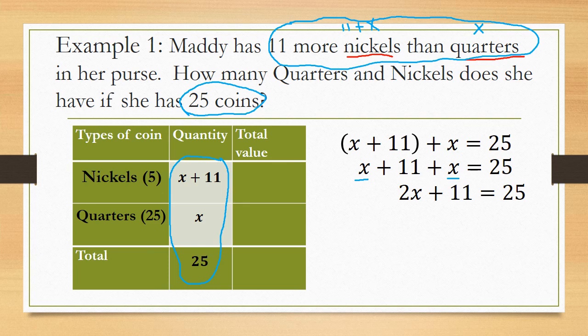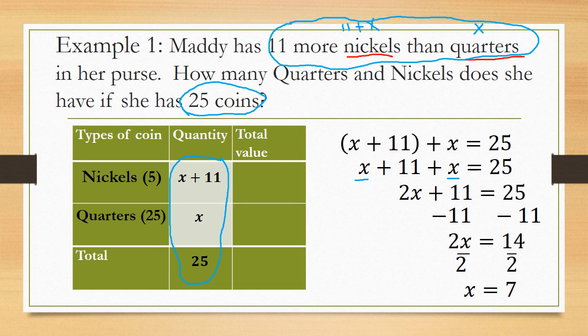Now, this is a two-step equation that I can easily solve by taking away 11 from both sides, which makes me end up with 2X equals 14. After that, all I need to do is divide both sides by 2, and the final answer is X equals 7. Now, what is X?